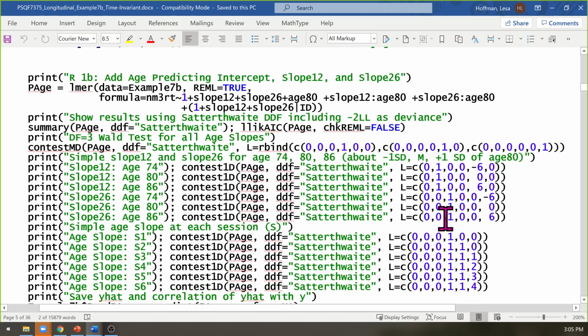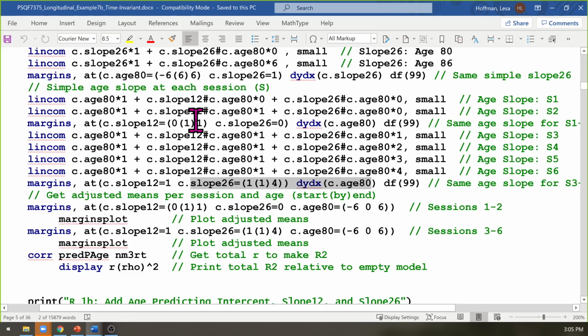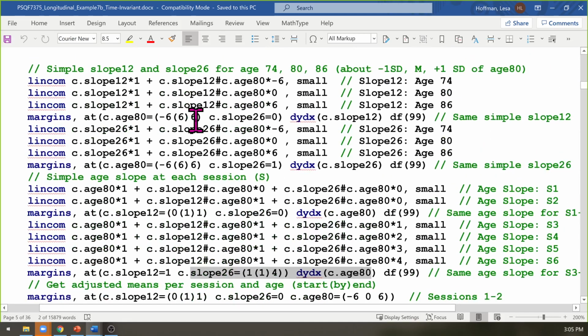So, Lisa? Yeah, go ahead. Just with the margins for Stata, in the first line you've got C slope 26 equals 0, C slope 12, and then the second one, C slope 26 equals 1. Which line are you reading? Where it says margins after the 3 lincom.